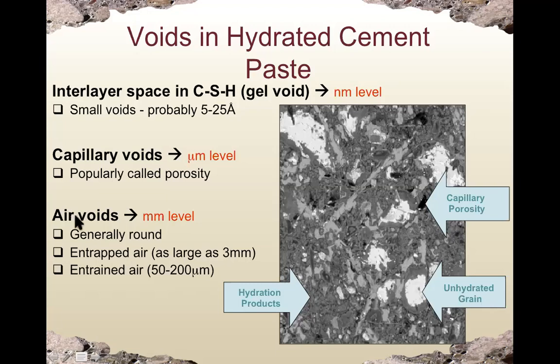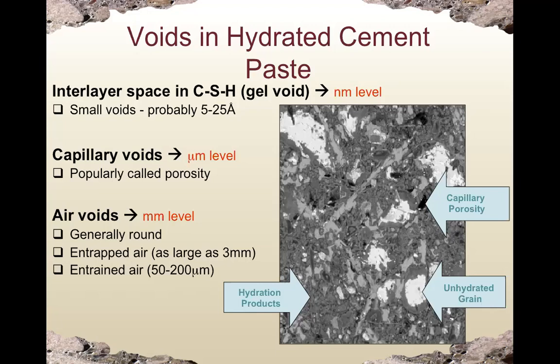And then we have air voids, which are much larger, at millimeter level. Under air voids, we have two types. We have entrapped air. So entrapped air is caused by bad compaction of concrete. Maybe you noticed already, when we pour the concrete in the formwork, we also need to compact the concrete to get rid of this large entrapped air or honeycombing.